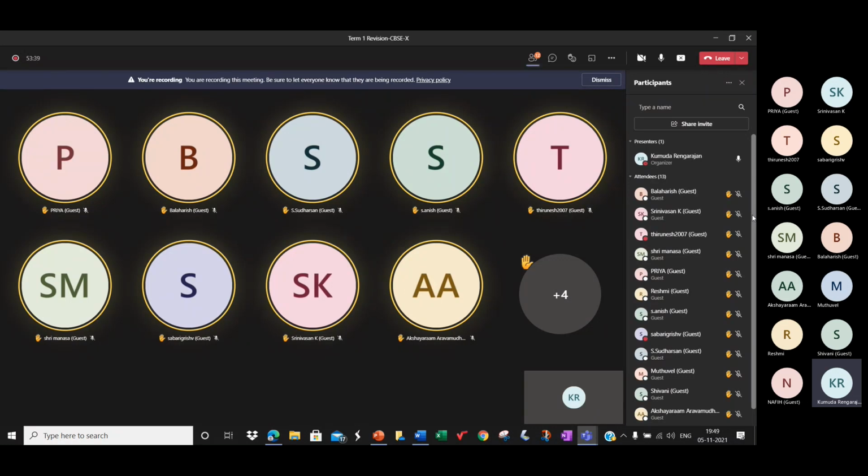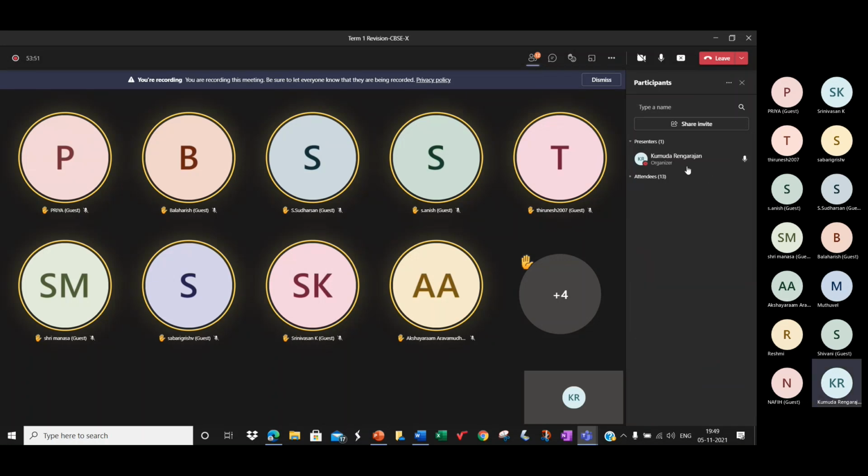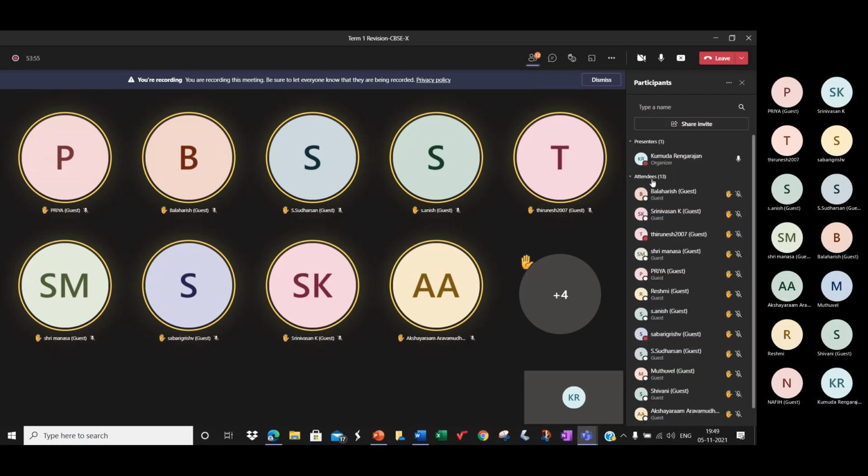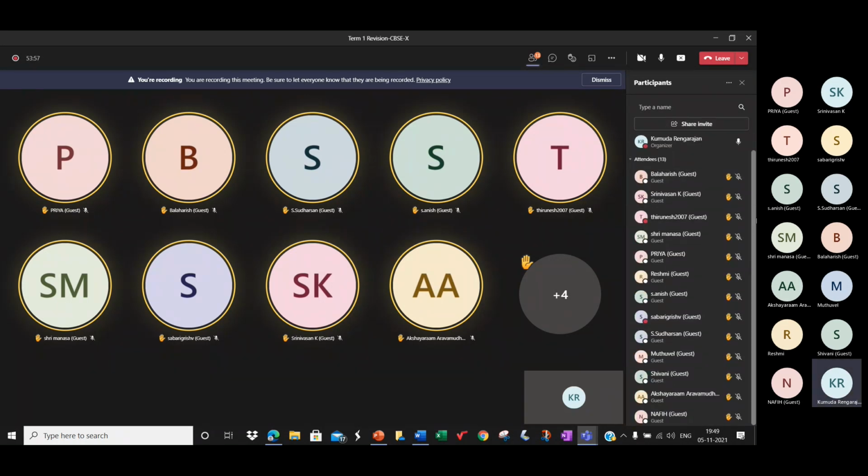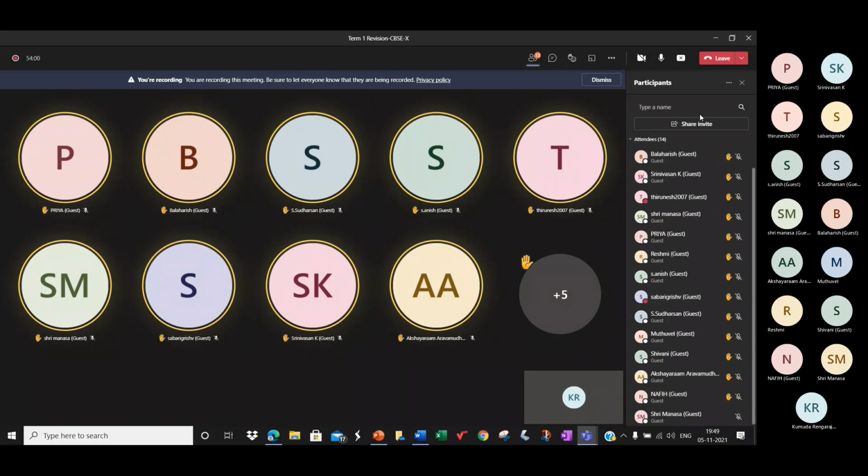Sudarshan, where are you? Muthuvel, Shivani. Be there and be loud. All of us. We must be there and be loud. L-O-U-D, loud.